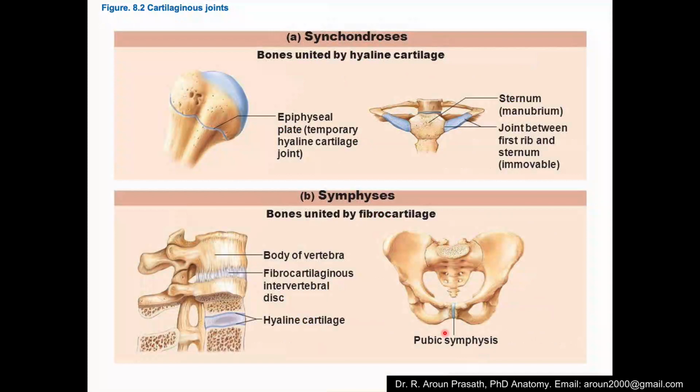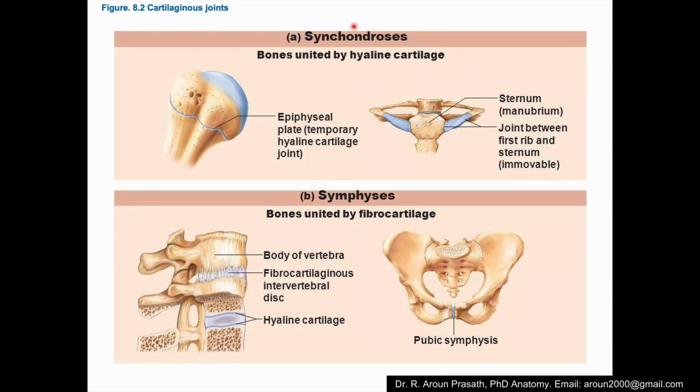Okay, so for example, if you see, this is an example of synchondrosis. See, this is the epiphysis and this is the diaphysis. Both are united by a cartilaginous plate. Okay, in children's bones, this cartilaginous plate is visible. We call it the epiphyseal growth plate. So this joint doesn't allow any movement, but still the bones are slightly flexible.